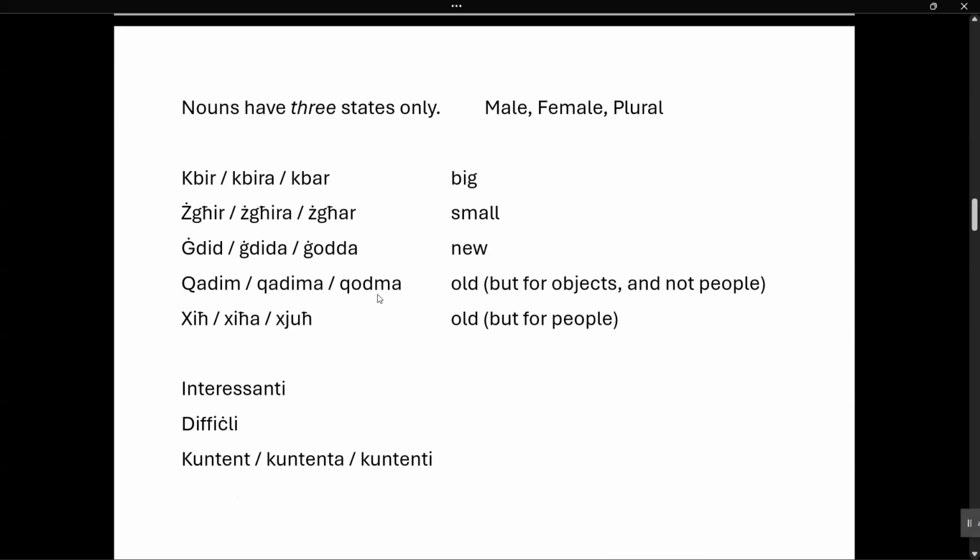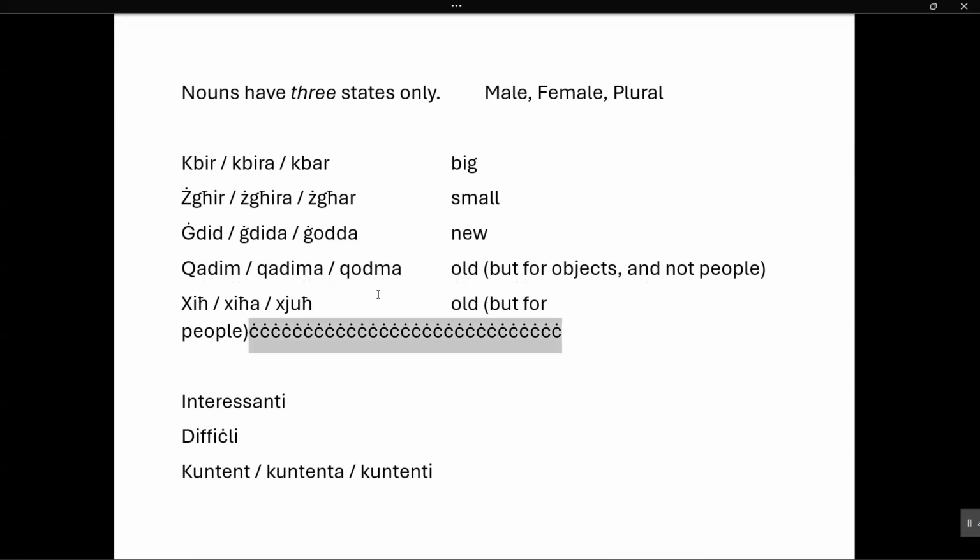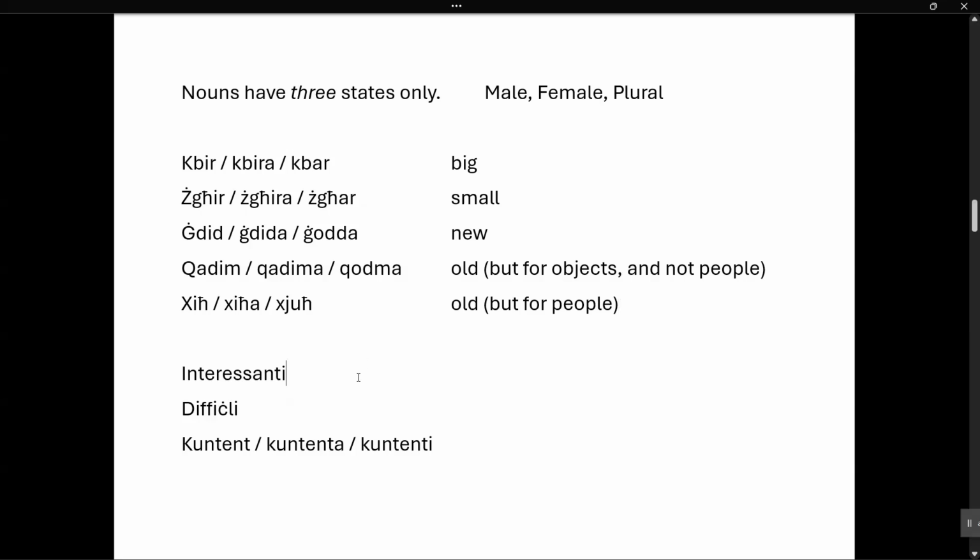Good. However, we also have loan words in Maltese. Now, I'm opening a huge can of worms over here. Let's just understand.